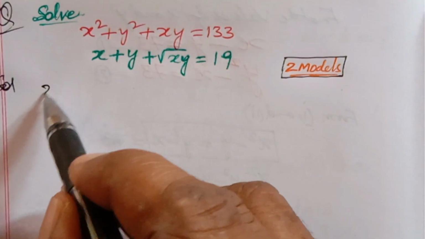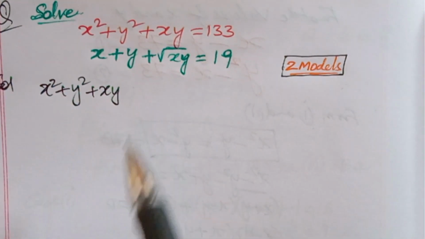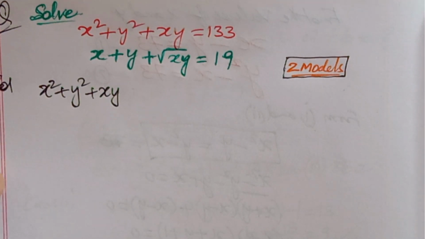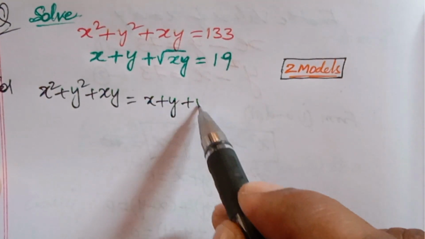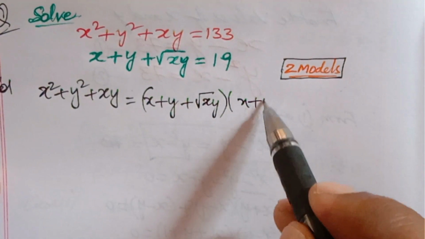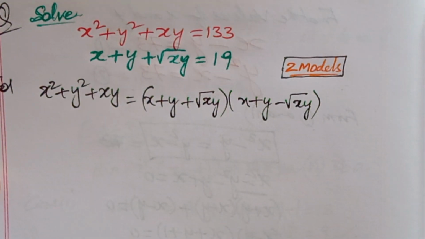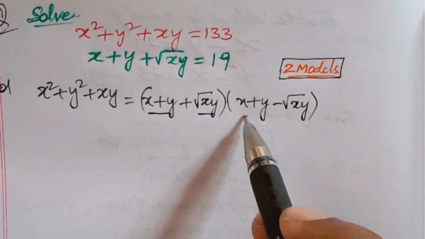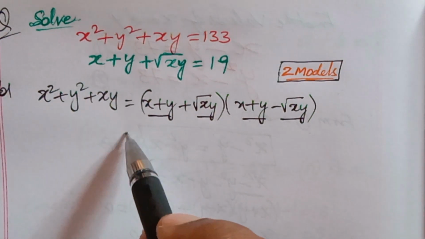So here given x square plus y square plus xy. This can be written as two factors: x plus y plus root xy, and x plus y minus root xy. Here a plus b, a minus b gives a square minus b square.